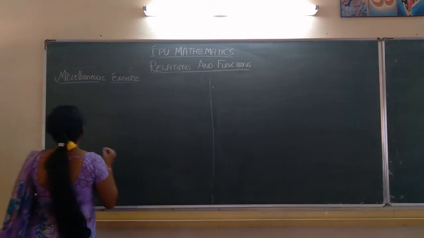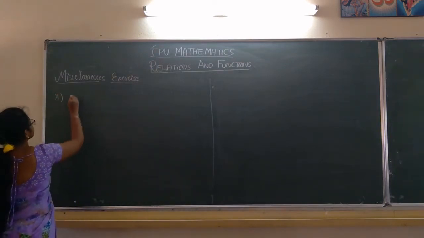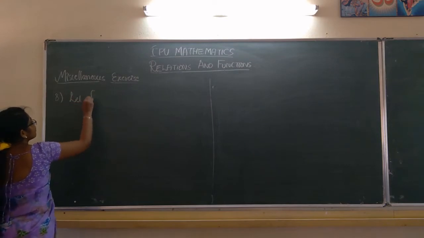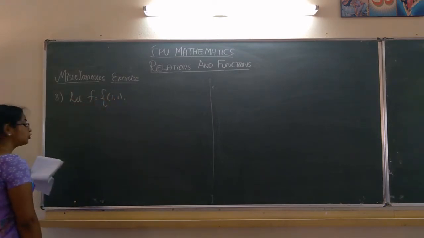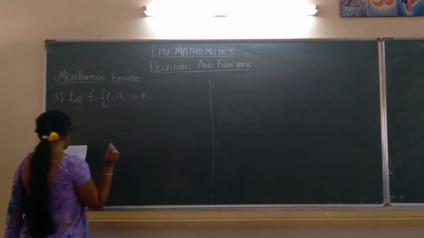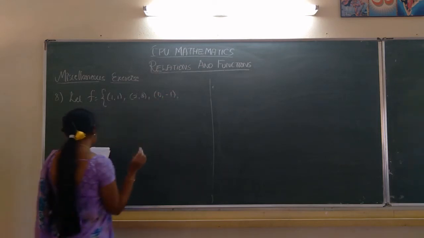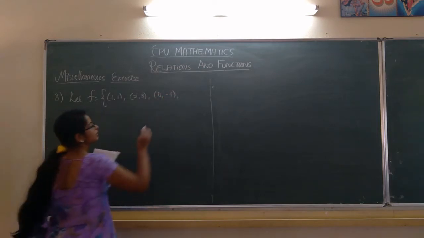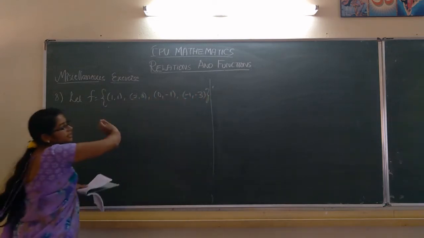Let f equal the set of ordered pairs (1, 1), (2, 3), (0, minus 1) and (minus 1, minus 3). This is the given function.